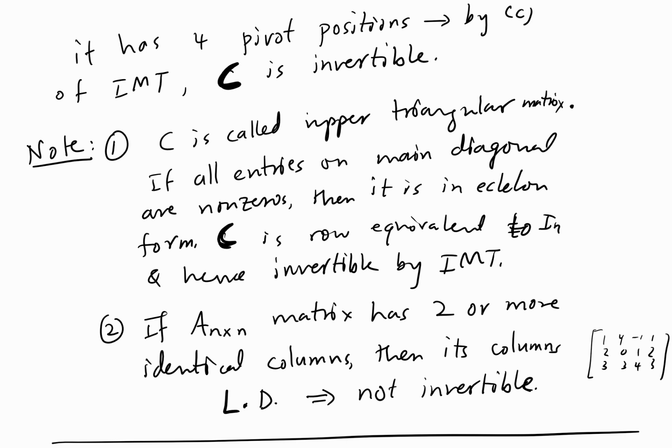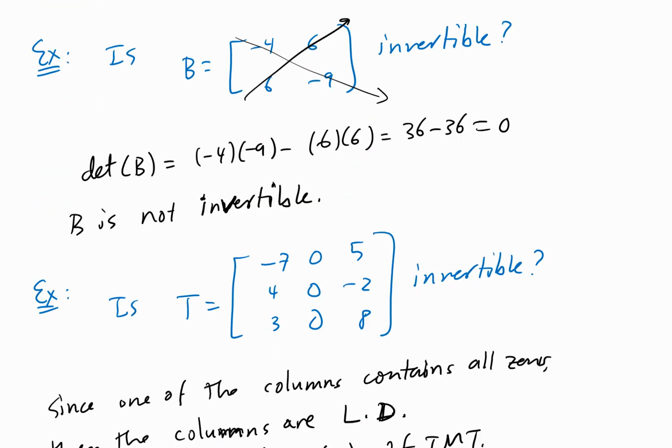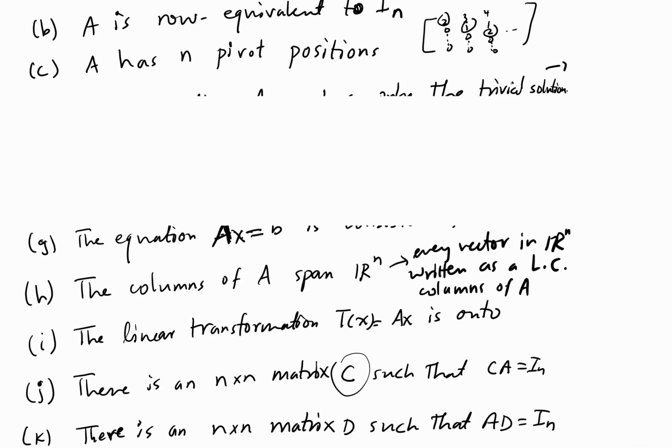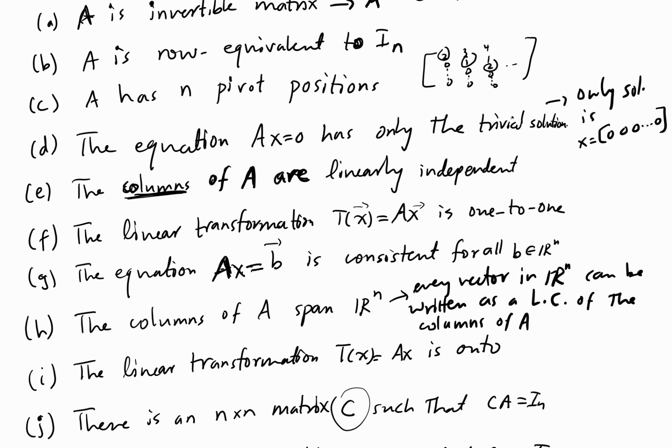So the idea here is to keep in mind in this section that all these things we discussed today in the theorem are all equivalent. Implies, what does that mean? Let me go back up here. Let's say someone says, hey, the matrix A is invertible. Then you can tell them that the columns of A should span R^n, which is part H. You should tell them, hey, this means there is an n by n matrix, let's call it C, so that C times A is I_n.